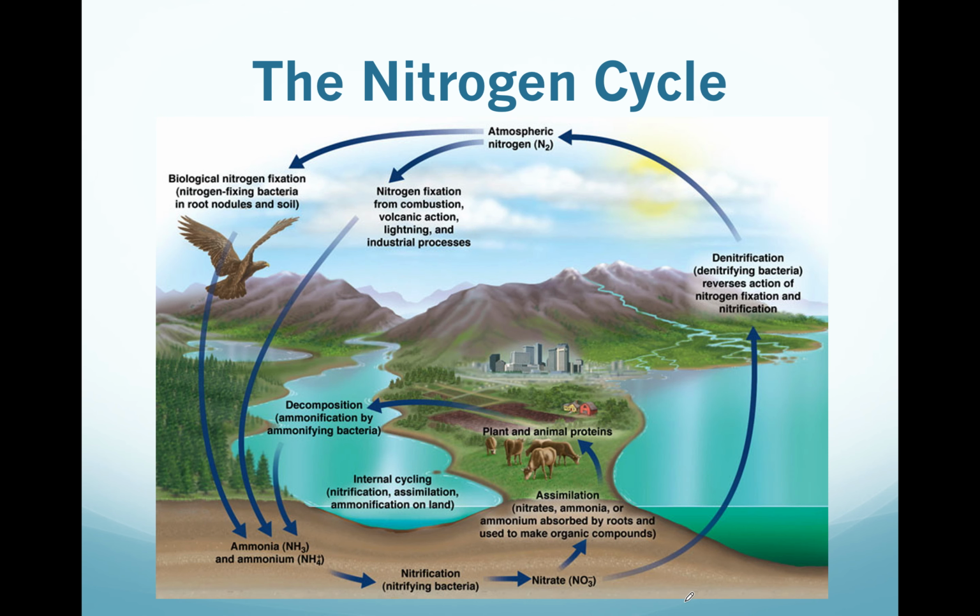Okay, so very briefly. Atmospheric nitrogen is taken in by plants, and then it goes through a bunch of processes.